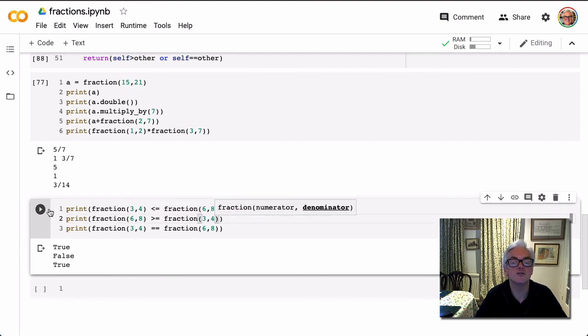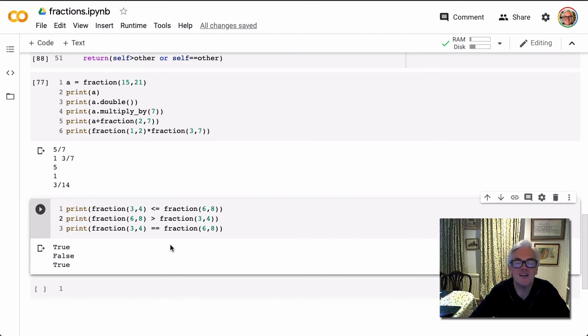So I should be getting true for all of these now. Good. And if I said strictly greater than 3/4, that middle one should flip to false, which it does. Good. So that seems to be working, which is a great relief.